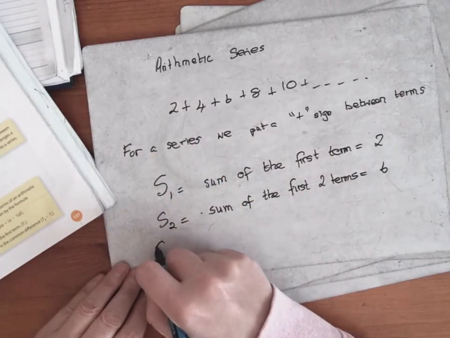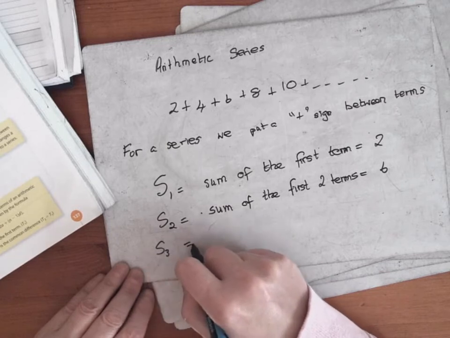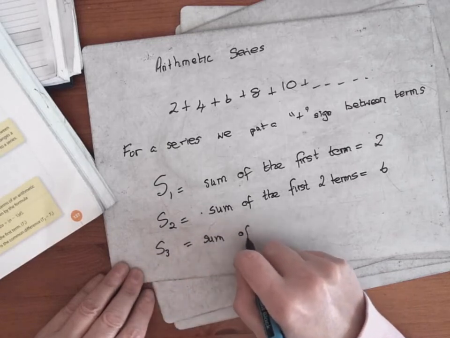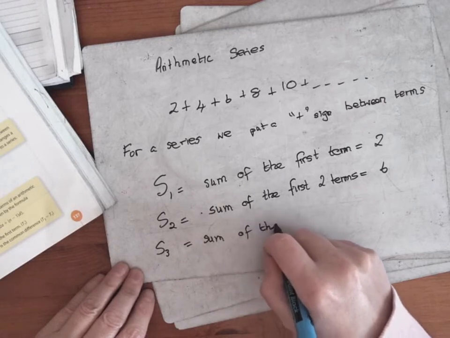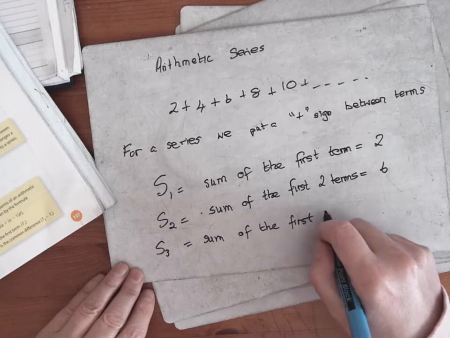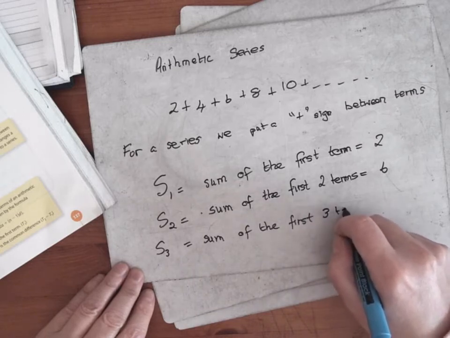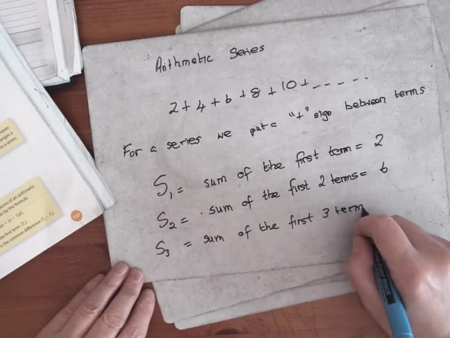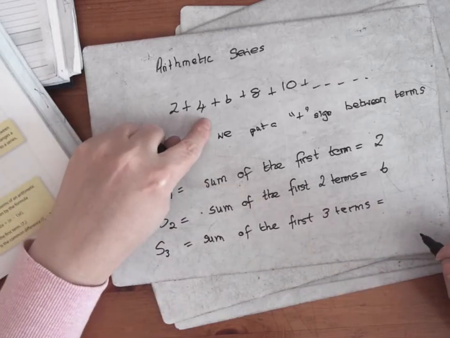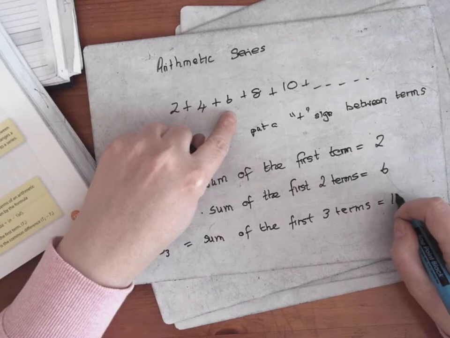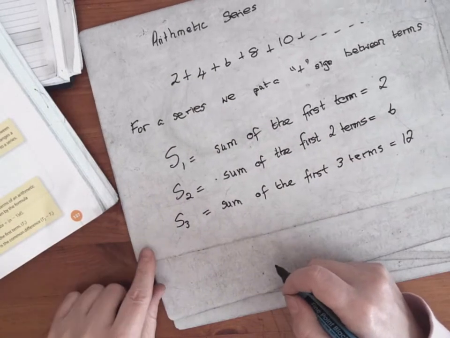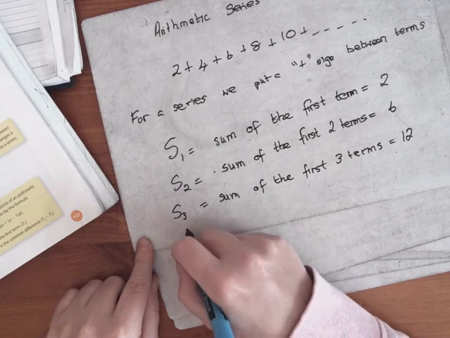If I was to get S3, that is the sum of the first 3 terms. So in this case, you would add 2 plus 4 is 6, 6 plus 6 is 12. So S3 is the sum of the first 3 terms, and so on and so forth.